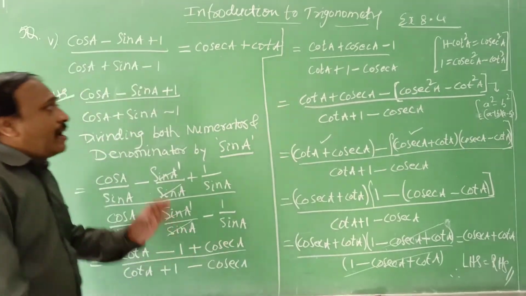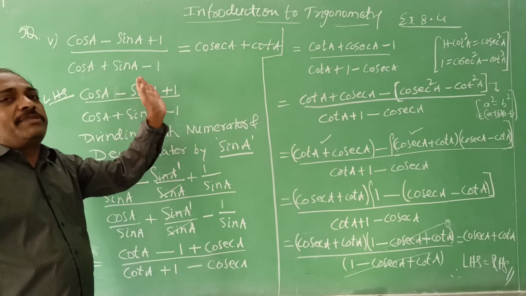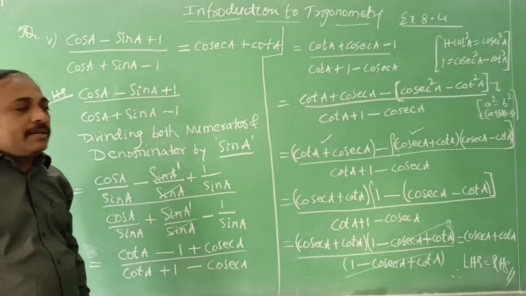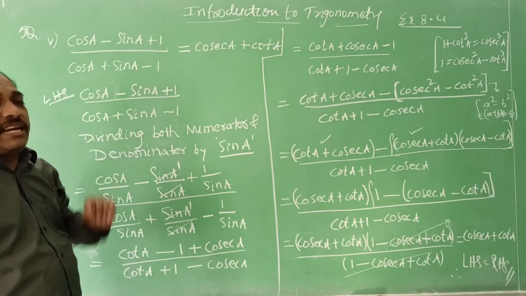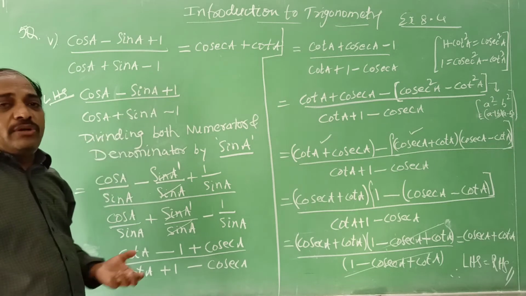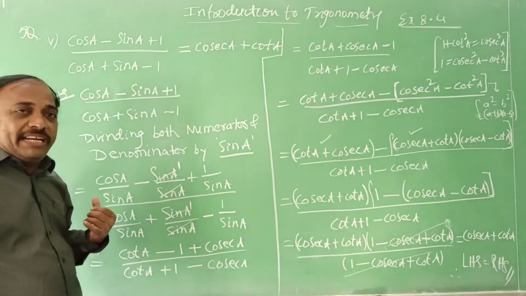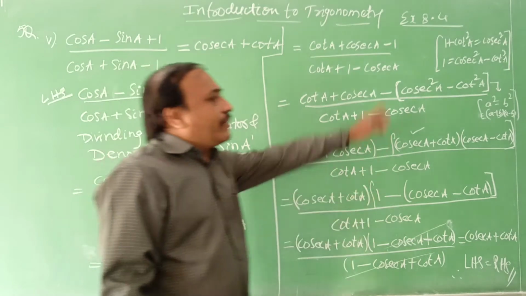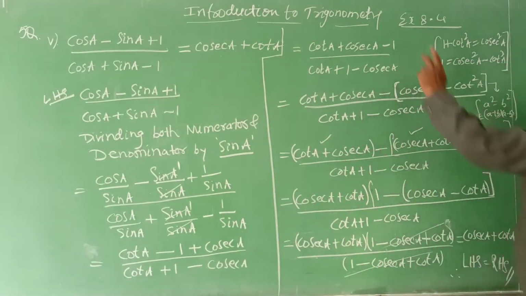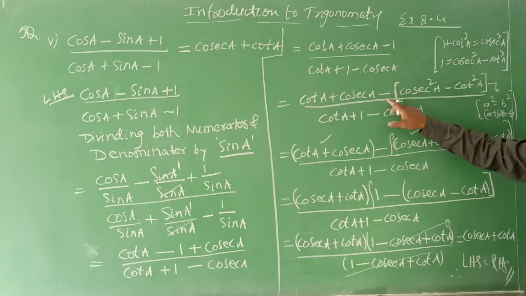Do you understand? First step, think about the question: LHS is in terms of what, and RHS is in terms of what. On the LHS we have cos and sine, on the RHS we have cosecant and cot. So to get into that form we divided by sine, both numerator and denominator, each and every term. Later we rearranged the terms. Then we used an identity, substituting cosecant square A minus cot square A, with the minus outside.